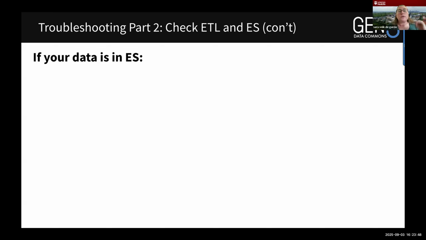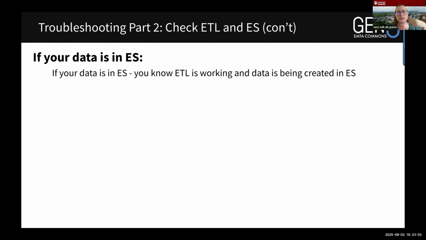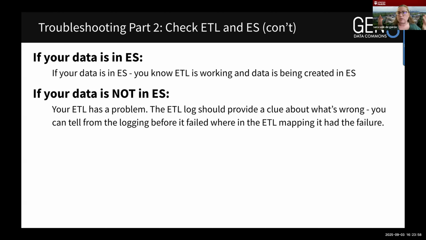All right, so if your data is in Elasticsearch, then you know that your ETL is working and your data is being created. If it's not in Elasticsearch, well, what does that mean? Your ETL has a problem. Your ETL log should be able to provide some sort of clue about what's happening, because you can tell where in the logging it failed.